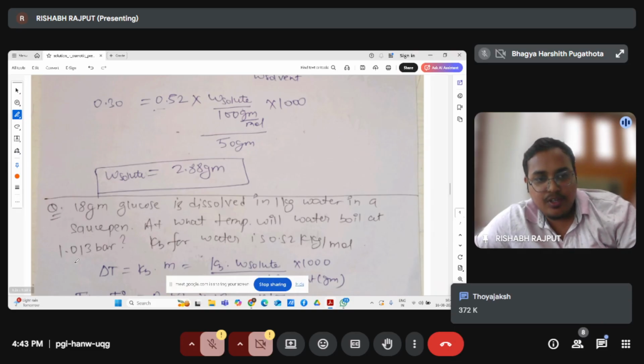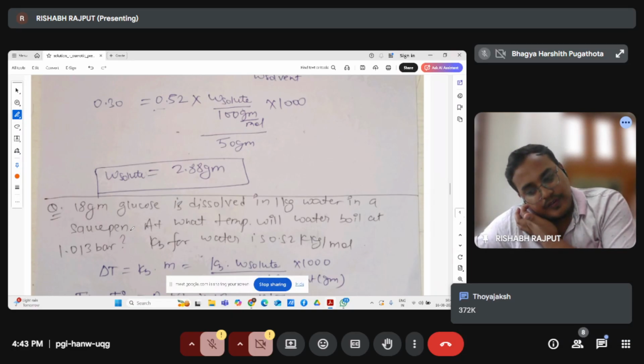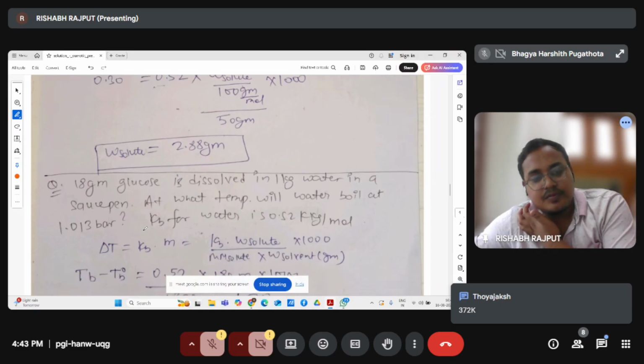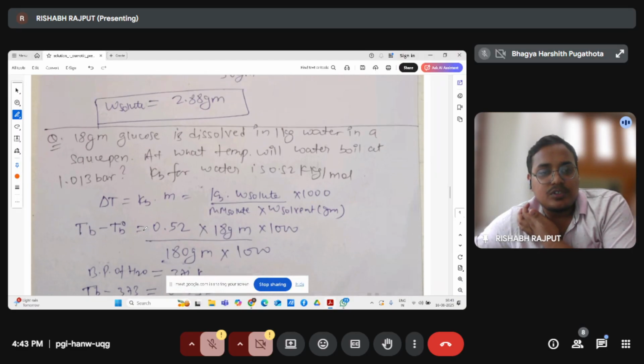At this pressure, your boiling point of water is 100 degrees Celsius, and in Kelvin it is 373. Yes, you have to put 373.